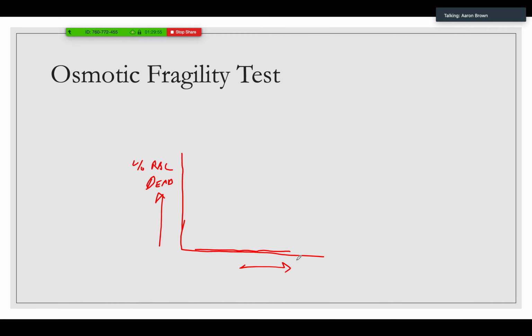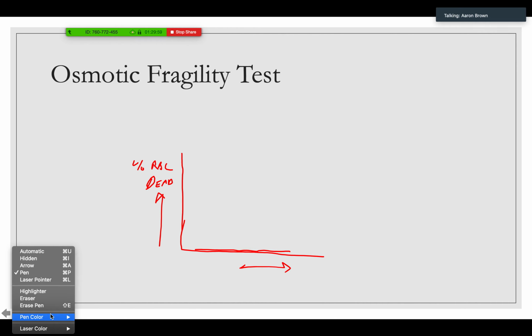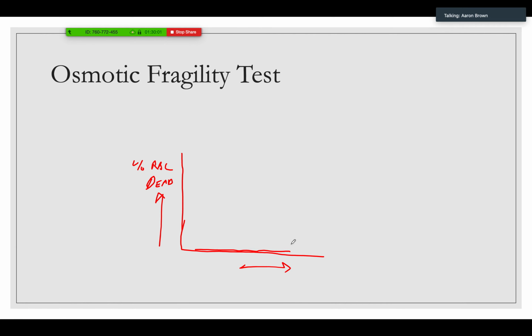And so normally, when we put our red blood cell, I'm going to do normal in blue here, into more hypotonic fluid, if we put a red blood cell into water, what happens is as the solution gets closer to pure water, red blood cells are going to start to pop. That's just normal. And as we get closer and closer to pure water, eventually all of the red blood cells are going to pop.